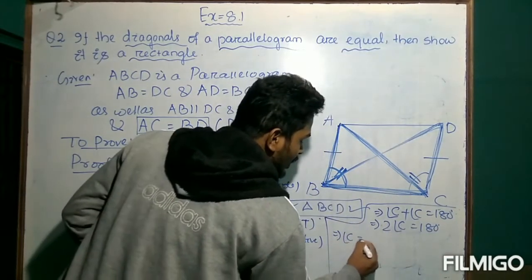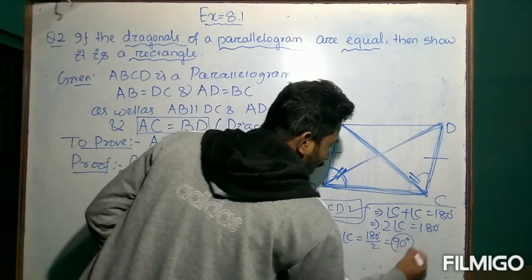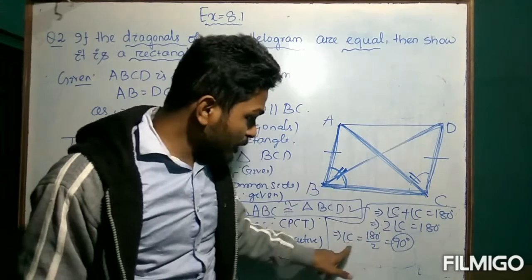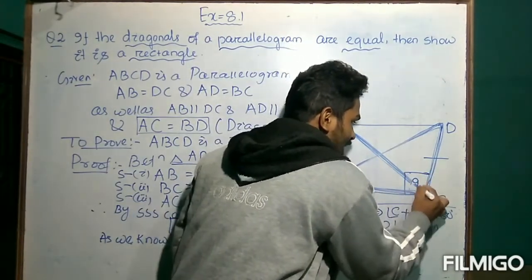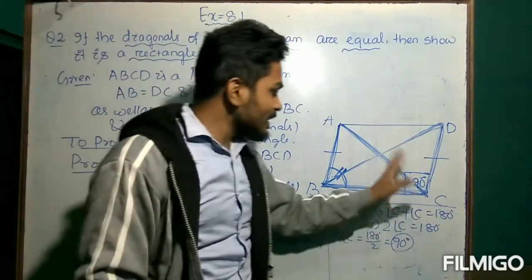Now C is 180 degrees divided by 2, which is equal to 90 degrees. So finally we found the value of angle C is 90 degrees. We have proved it. So angle C is 90 degrees.